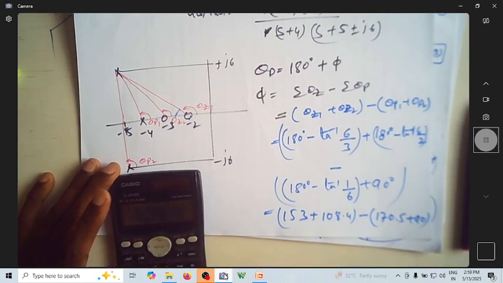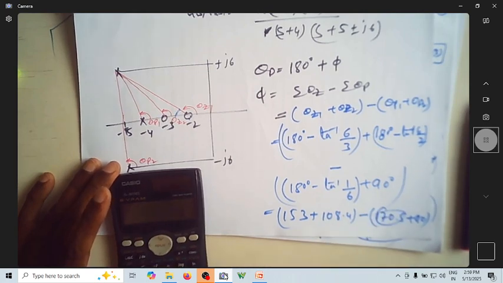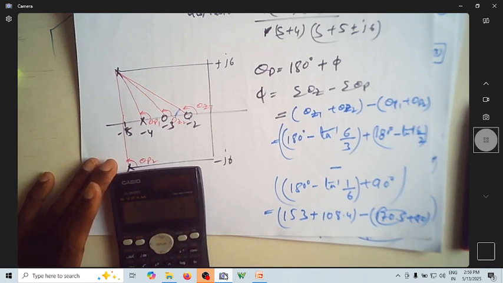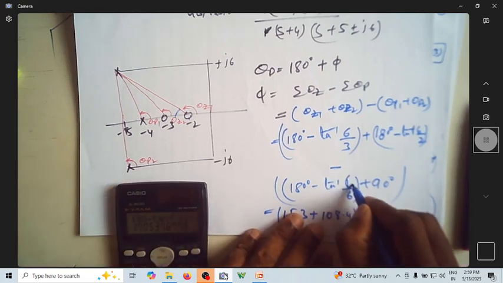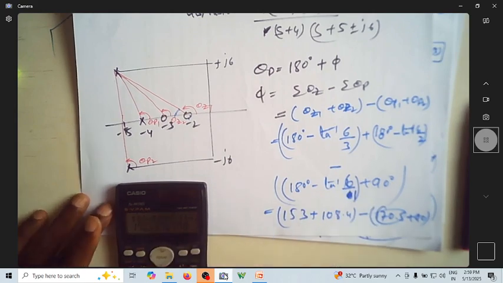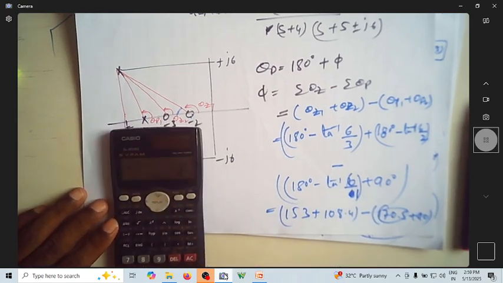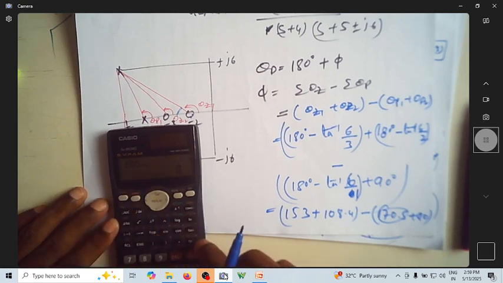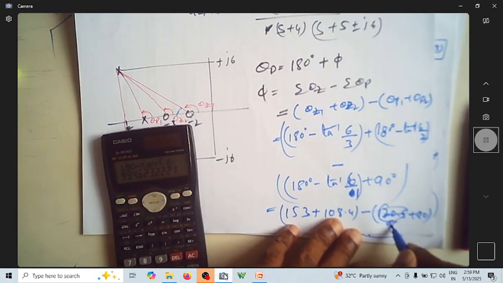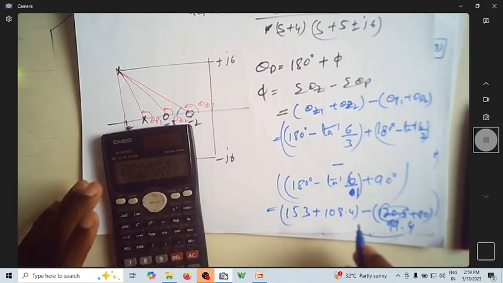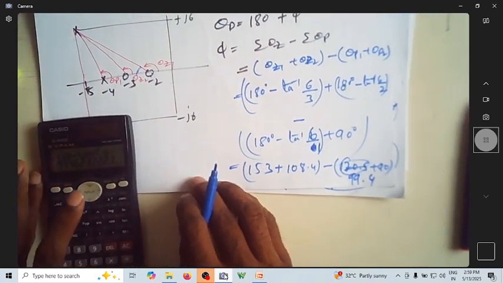So it is 180 minus tan inverse of 1 by 6. Tan inverse of, sorry, this is 6 by 1, sorry. So that's why I was just wondering, 180 minus tan inverse of 6, because that angle is very close to, this is around 99.4. So what is this?